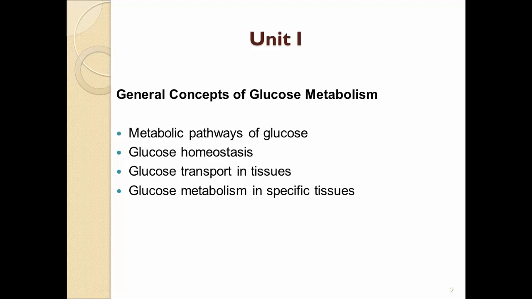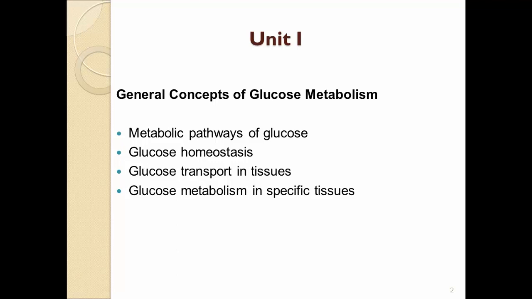So glycogen synthesis activity will be very high in the fed condition. But gluconeogenesis activity will be low because we don't need to make glucose, right? We have enough glucose from the diet. But under the fasting condition, we don't want to synthesize glycogen. So we want to break down the glycogen for energy use, and we also want to make glucose, so the gluconeogenesis, to maintain blood glucose level.